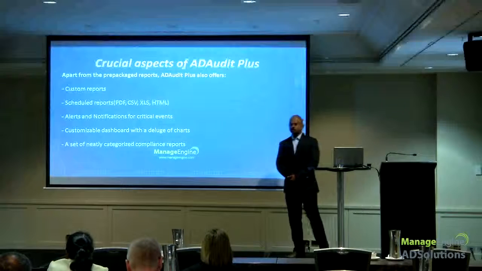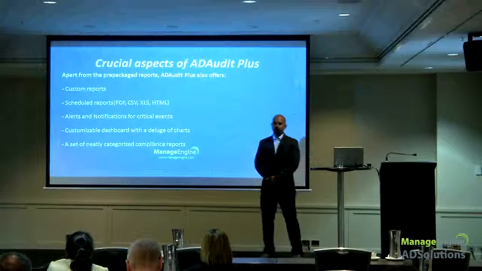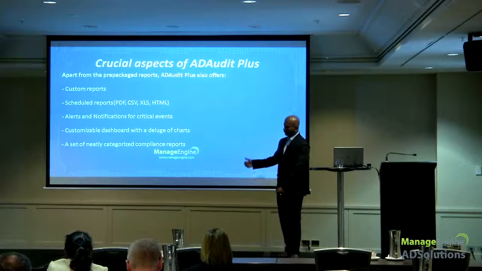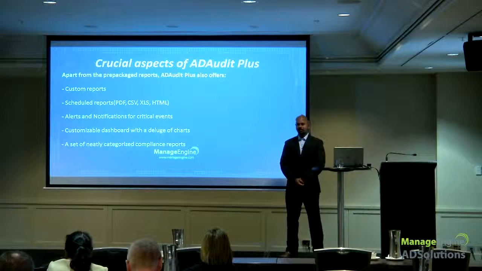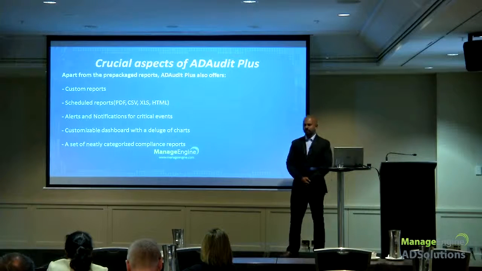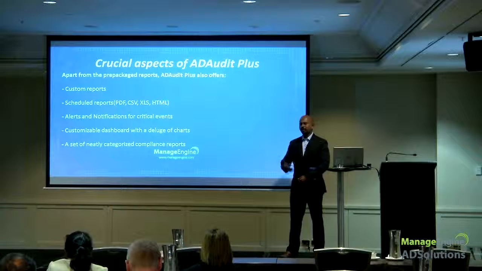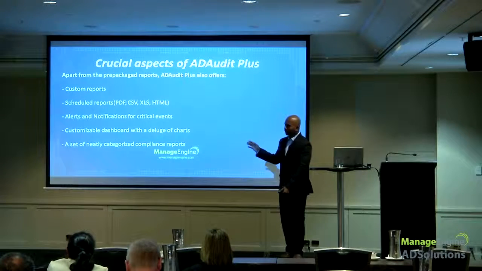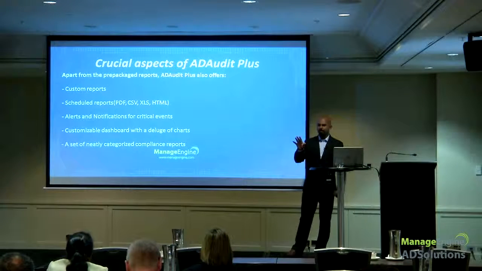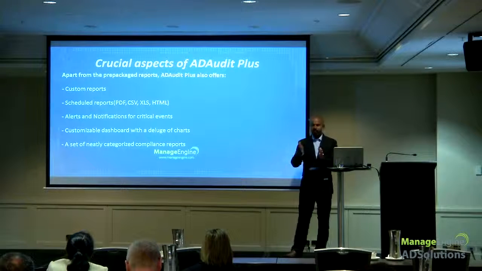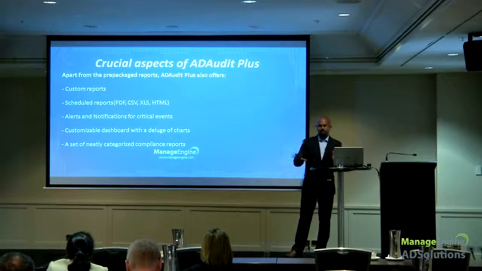Yes. You have two ways of doing it. We have an automatic configuration. I believe you're talking about setting up the ACL entries, the access control lists, and enabling audit policies. That can be done automatically or manually. You have an option called configure automatically. The moment you hit configure automatically, on all the configured domain controllers and file servers, the audit policies will be enabled and event fetching will start to take place.